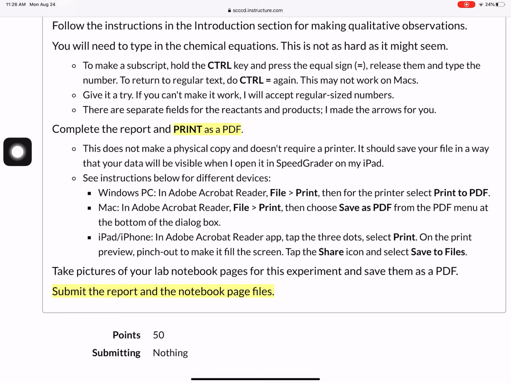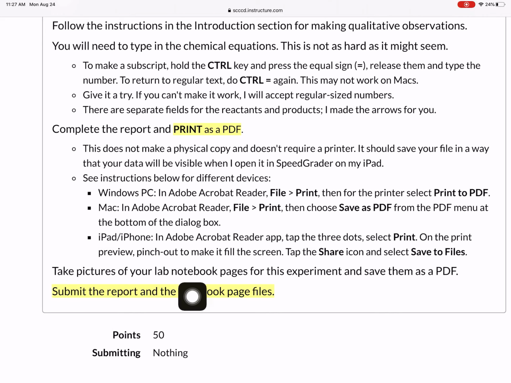So you'll complete the report and then print it as a PDF. That's different than saving. It doesn't need a printer. So I put together some instructions for different devices here. And we may need to edit these and make these better, but this is what we're going to try. So do your best there, ask me questions if you need to.